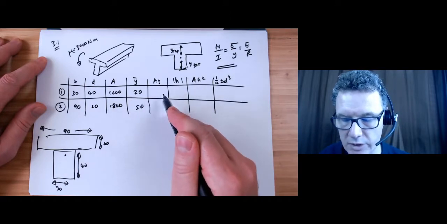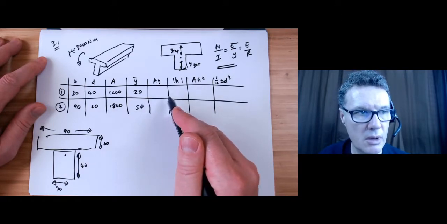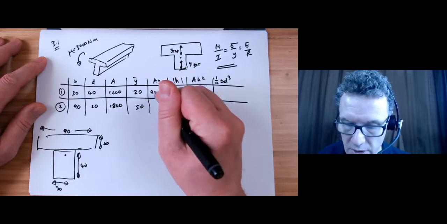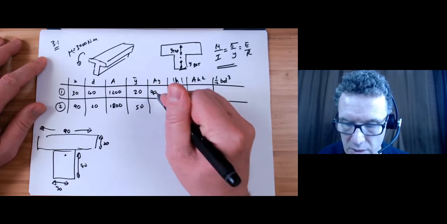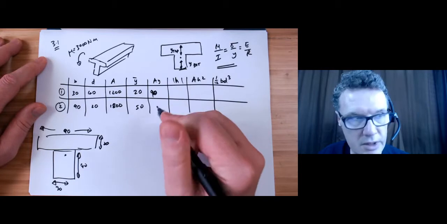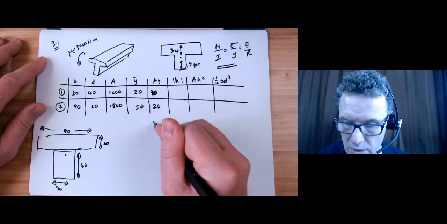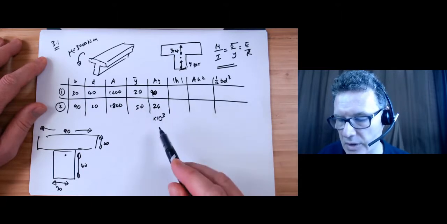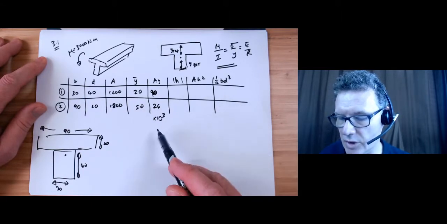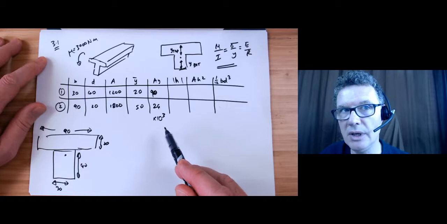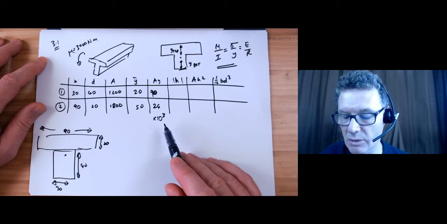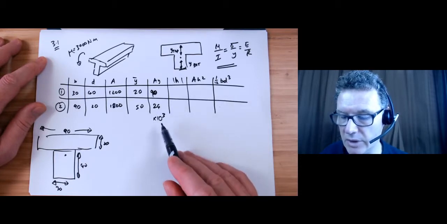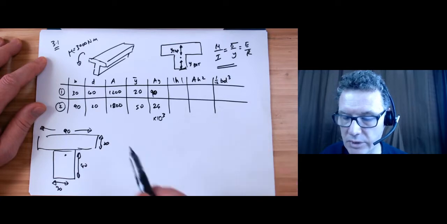So now I can do my first area moments, and that works out to be 90. Oops, 90 there and 24, and they're both times 10 to the 3. In these things, try and identify a sensible value to be looking at things, so you can sort of take out your units.